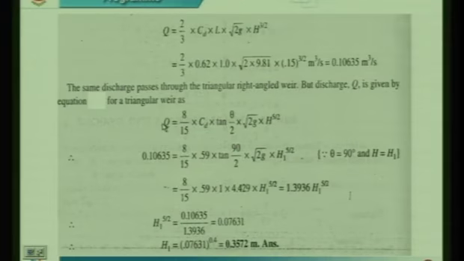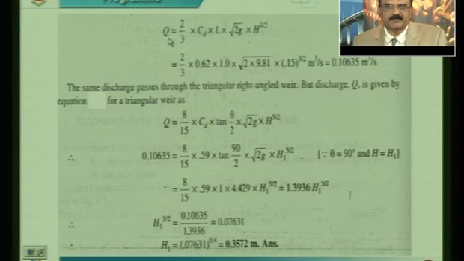Just now you calculated the value of Q. In terms of Q1 and Q2, this is my Q1 and this is my Q2, and Q1 is equal to Q2, that is equal to Q. Whatever value you calculated here, substitute the same value here. In other words, Q is known.